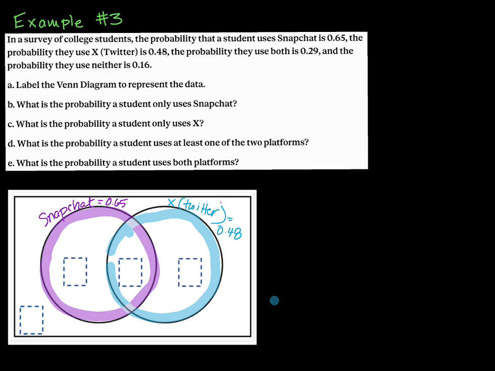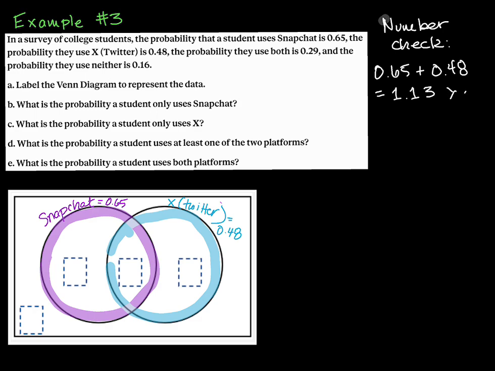So we should do a number sense check already to realize that the 0.65 and the 0.48 include the overlap, those who use both. The check is that 0.65 plus 0.48 is 1.13, but probability cannot be greater than 1.